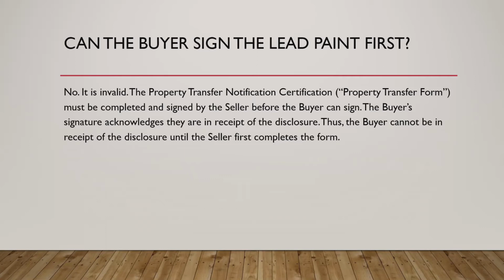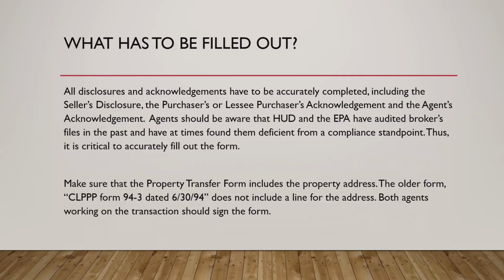So it's a good idea to give that 10-page form to your buyer at your first or initial consultation, but you should not have the certification signed by your buyer until there is a property they're buying and the seller has filled out the form first.